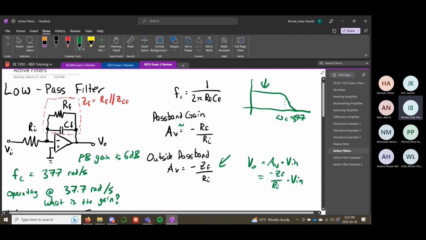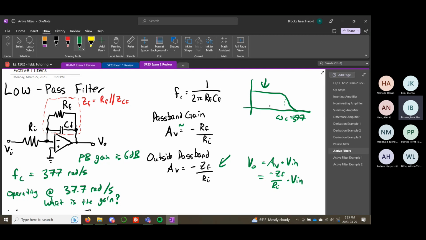We're a factor of 10 less than that. So it'll just be your passband gain, and usually that's given to you. So 6 decibels. That's a tricky question because usually you're expecting to have to do some math. But don't get caught up on the easy questions. If it's a low pass filter and you're lower than your cutoff frequency, the approximate gain is your passband gain. And usually the passband gain is what's given to you, or you can solve for it using this formula.